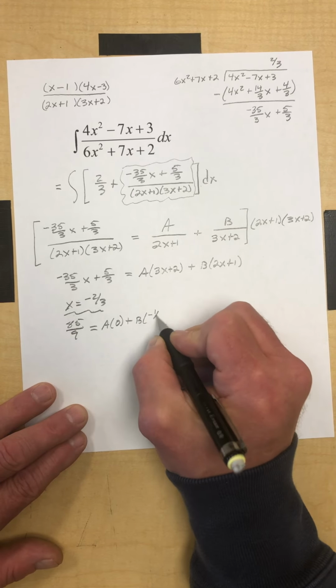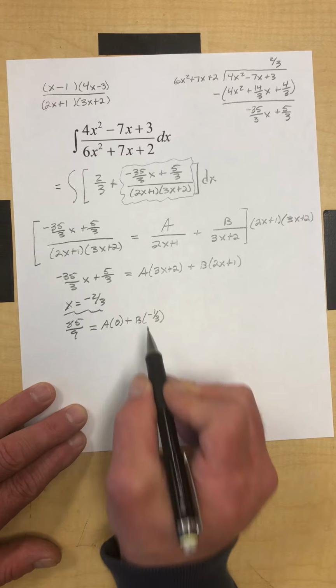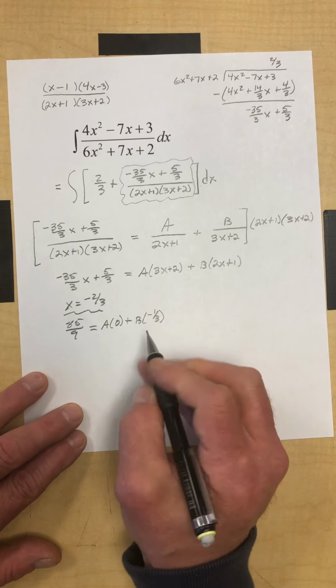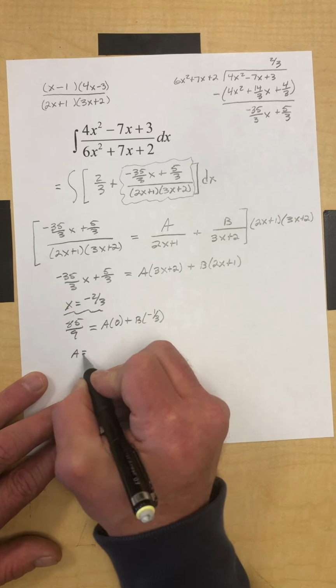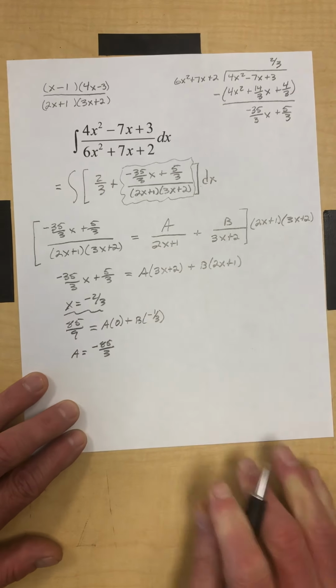So I divide both sides by negative 1/3, and I get negative 85/3.